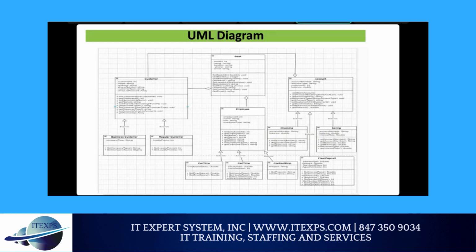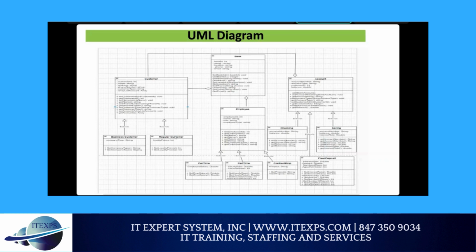A bank can have many customers, and it has a relationship with the customer. And similarly, bank can have many employees. This relationship shows bank has an employee, and we have various other classes like business customer and regular customer.